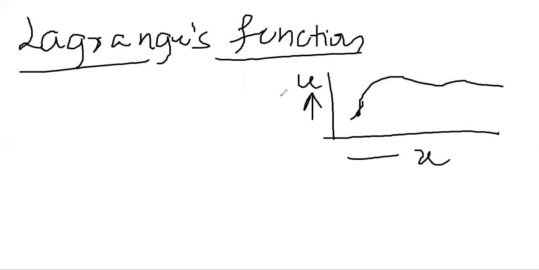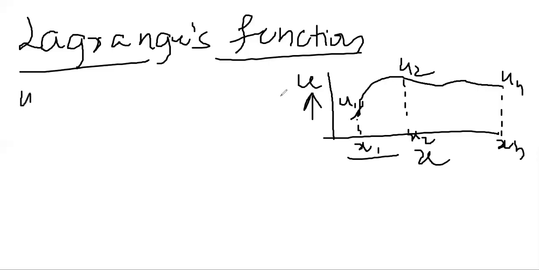At point 1, this is the displacement u1 at point x1. Here the displacement u2 at point x2. Like that, xn, un. This is the function. Suppose we want to find out u of x.